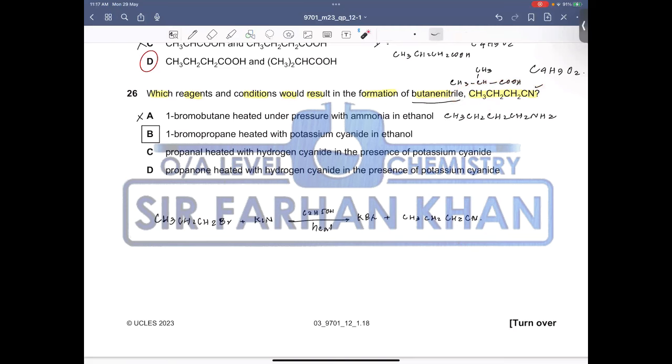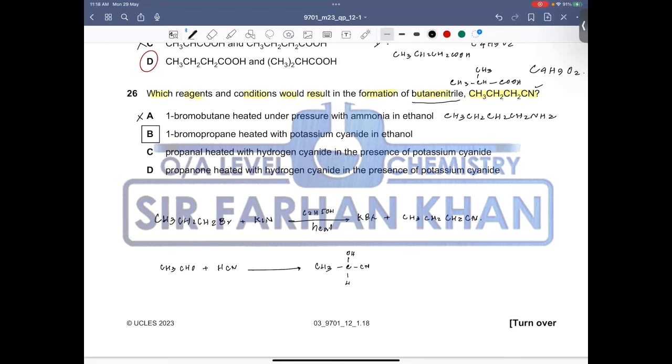Let's talk about C, propanal, heated with hydrogen cyanide. Propanal is an aldehyde. When it is treated with hydrogen cyanide, it will turn to cyanohydrin, and in cyanohydrin you get OH and cyanide in the same structure, right?